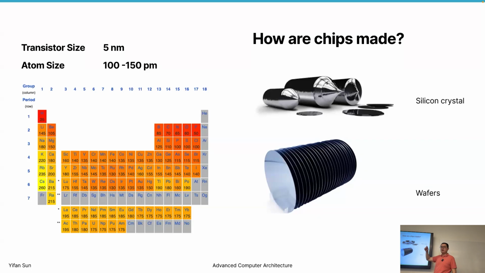That's 99.999 or many nines, much purer than the gold that you can buy today. They really need super pure silicon, because if there's something that is not a silicon atom there, the whole chip may not work. So it's very important. Now with this silicon crystal, they slice it into wafers.